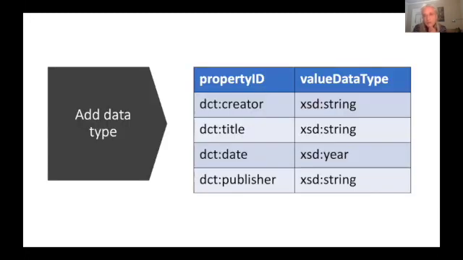In most cases, you will want to add a data type. So you want to say which properties are going to be strings, which properties are going to be year, date, etc. Or you could have numeric properties that are integer, etc. So usually after you define what you want your properties to be, you want to say what type they are.